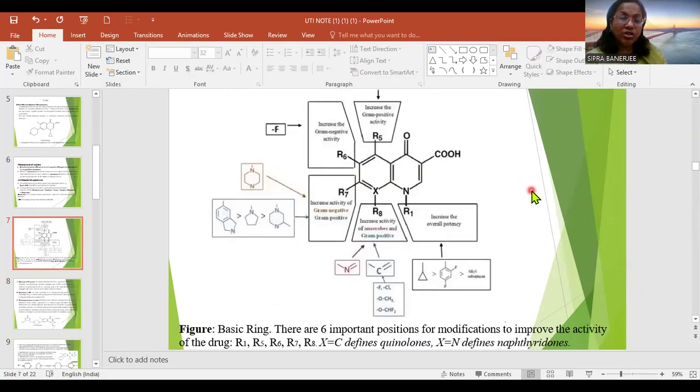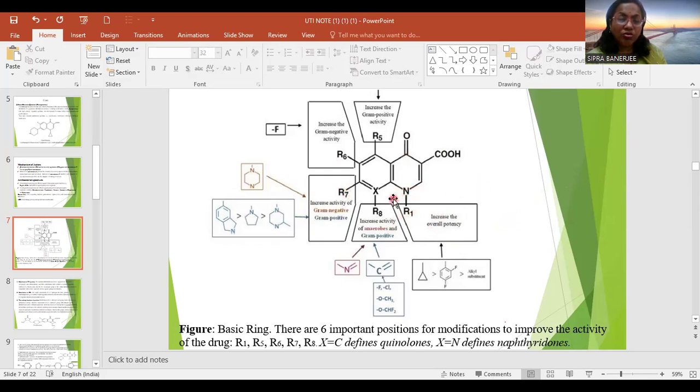Now, if we go for the structure of the compound, this is the fluoroquinolone. Here the basic ring, the 6 membered, and positions 1, 2, 3, 4, 5.